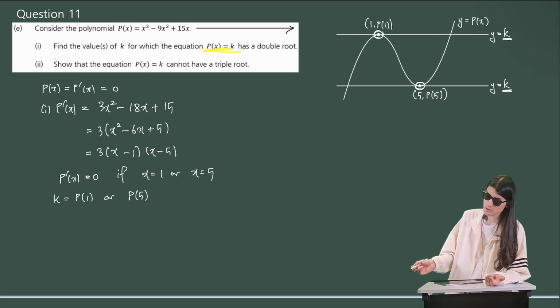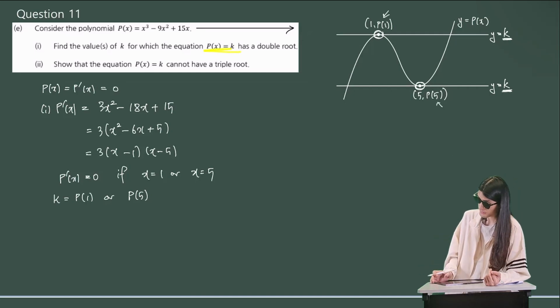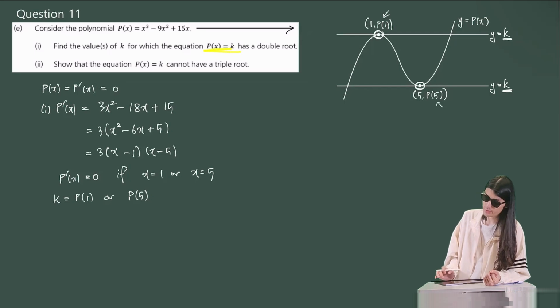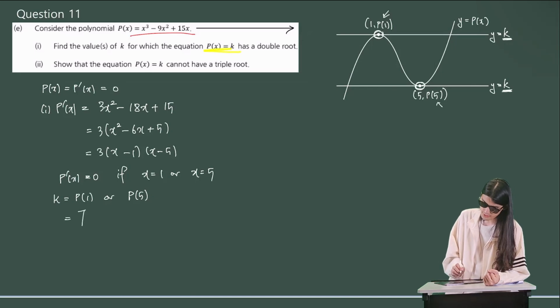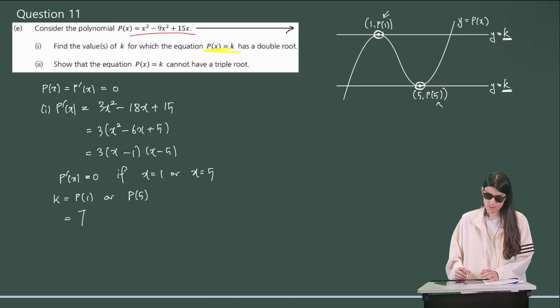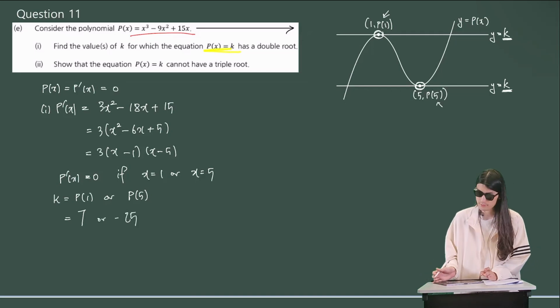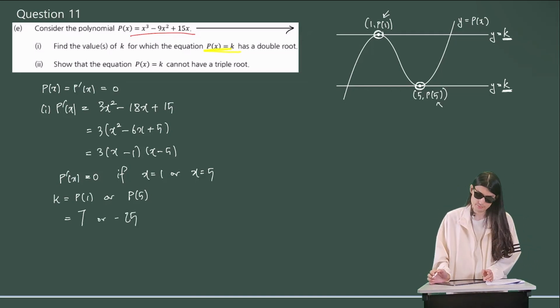Well, in each case, the k would need to equal to the y coordinates of the stationary points over here, wouldn't it? That's why k is equal to p(1) or p(5). And of course, p(1) or p(5), you just chuck it into the equation of p(x) to find them. And this is either then 7 or negative 25 is your solution, okay?